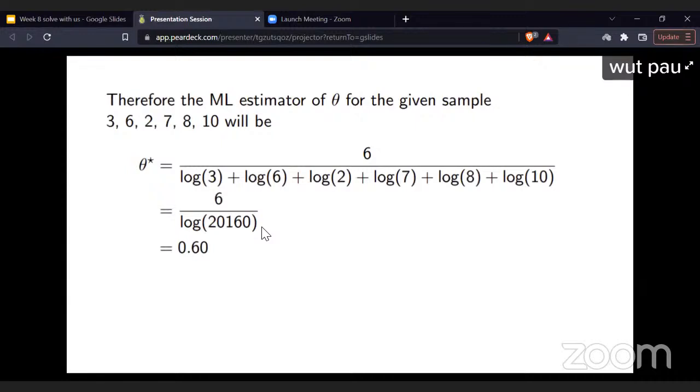Since we have to find the value that maximizes the likelihood, we differentiate with respect to the parameter and equate it to 0 to get the value of the estimate.